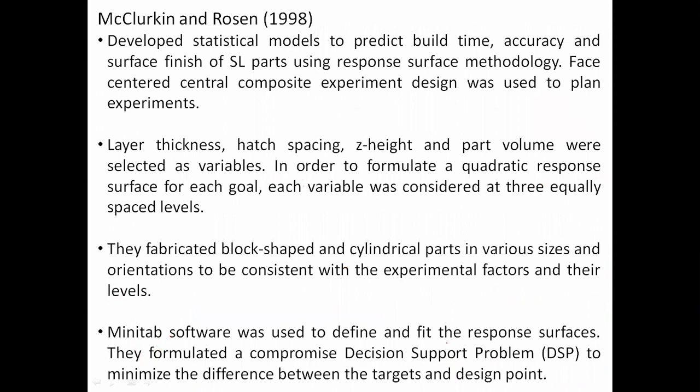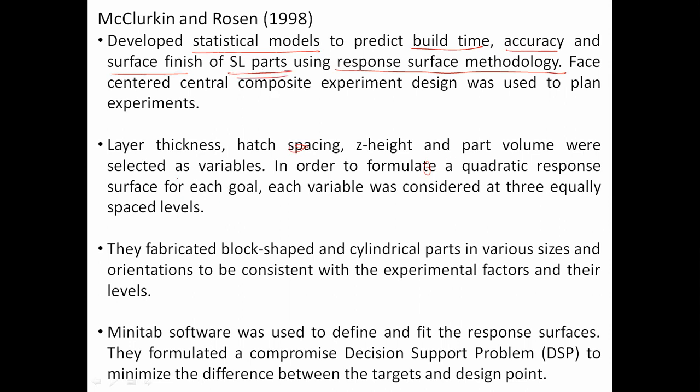Then McClurkin and Rosen came up with a different plan. They used response surface methodology of statistical designs, using a central composite experimental plan, and developed statistical models to predict build time, accuracy, and surface finish of stereolithography parts.